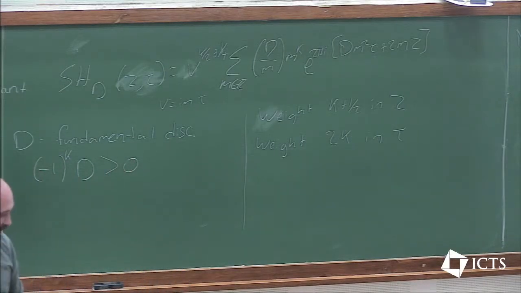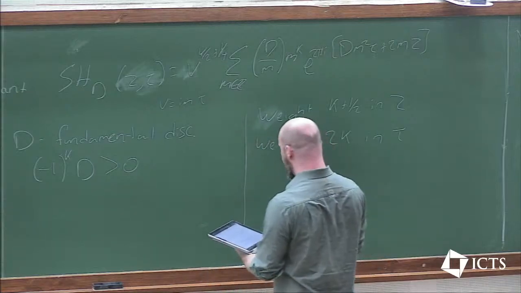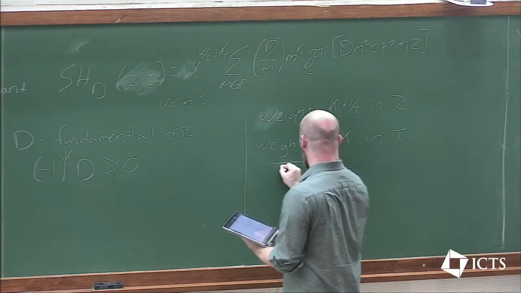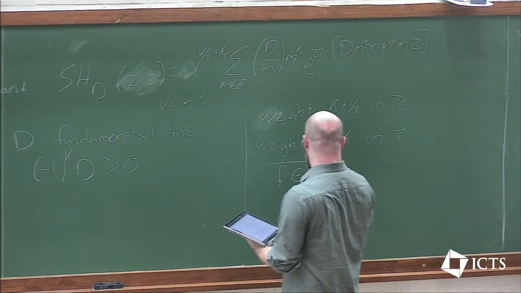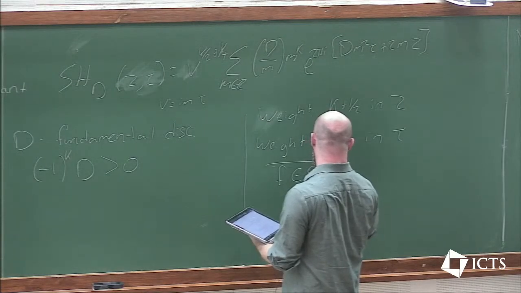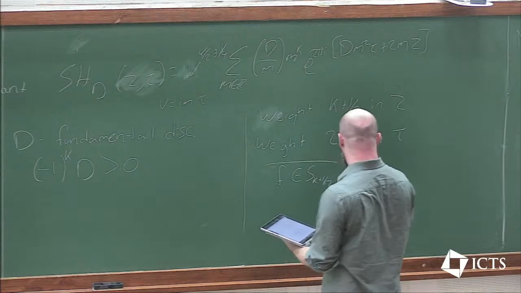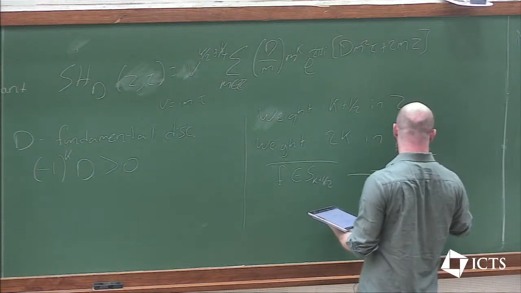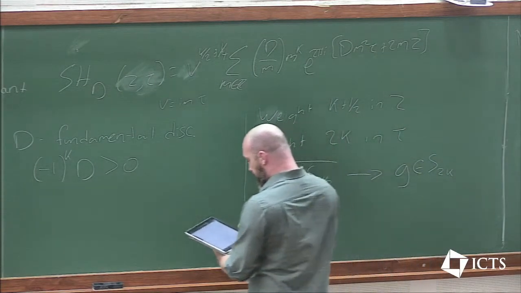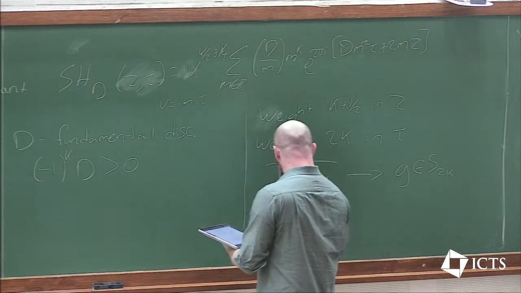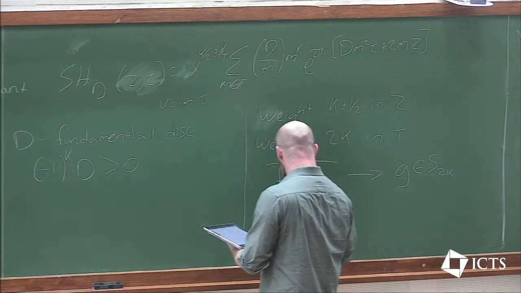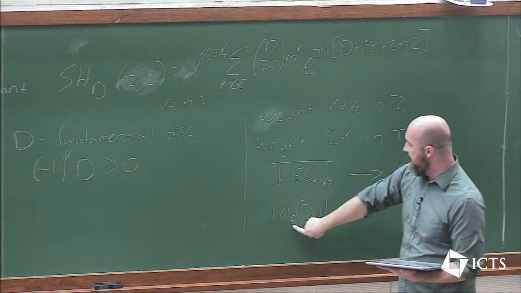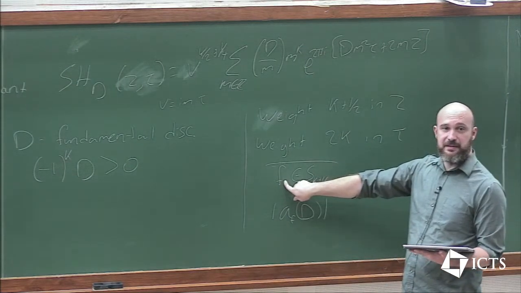So Waldspurger's theorem tells us, let's suppose that F is an element in S_{k+1/2}, and we're going to relate this to a cusp form G in S_{2k}. Then Waldspurger's theorem tells us that the absolute value squared of, say, the dth coefficient a_F(d), if I write this out as a Fourier expansion.